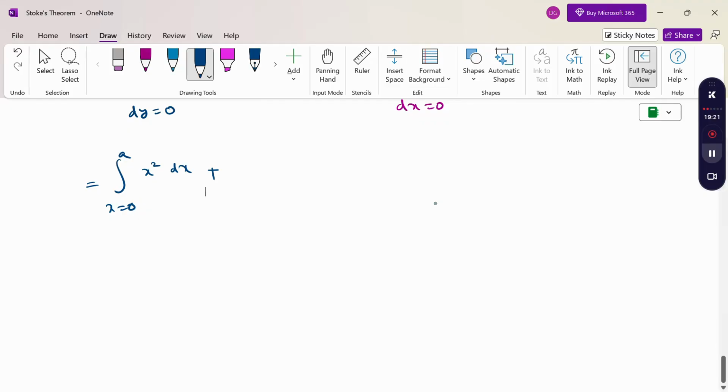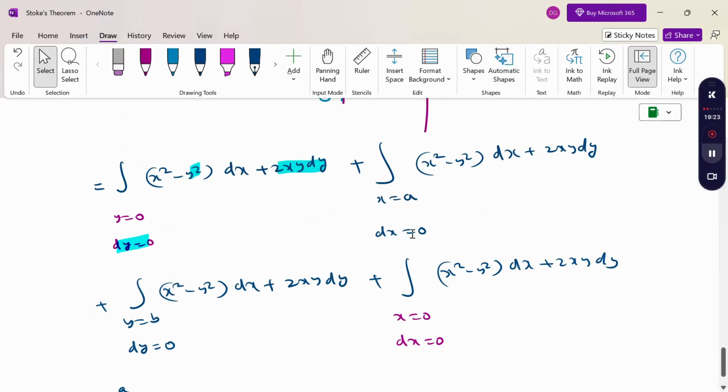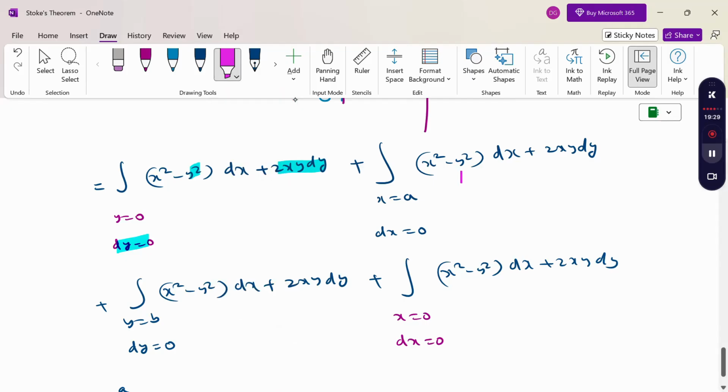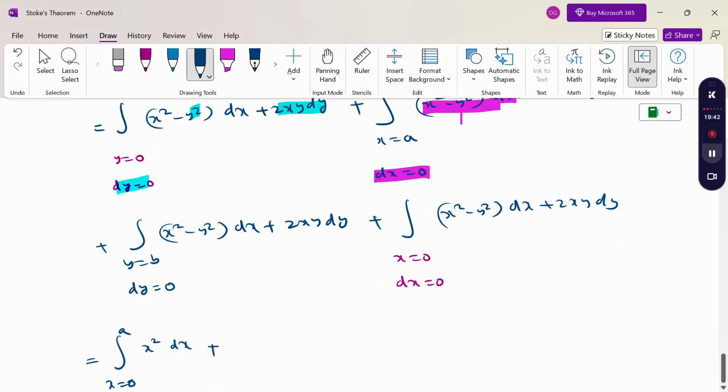Plus next, x is a, so dx is 0. When I substitute x equal to a, dx is 0, so this term is 0, the whole term is 0. Now x equal to a means this place is a. Now the integral of the first term, 2a y dy.